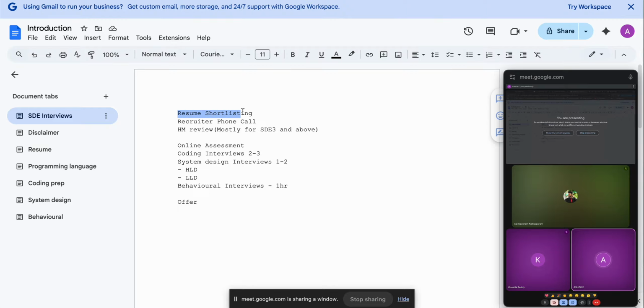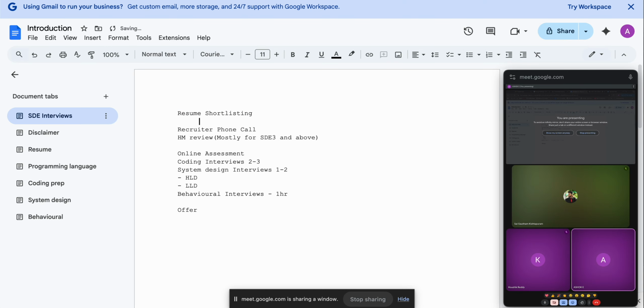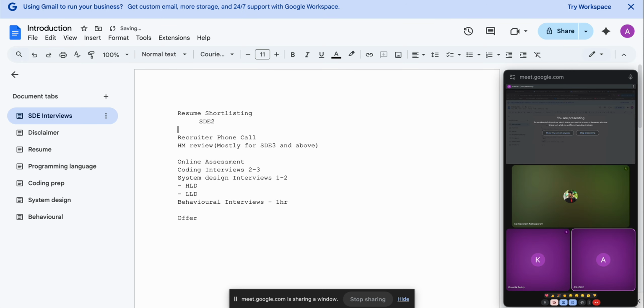So when they look at the resume, what they are essentially looking at for SD2 and above is, for SD2, there can be domain mismatch. When I say domain, I mean, say the team which is hiring is a payments team, or it can be a search related team, or anything related to notifications, or any other domain.